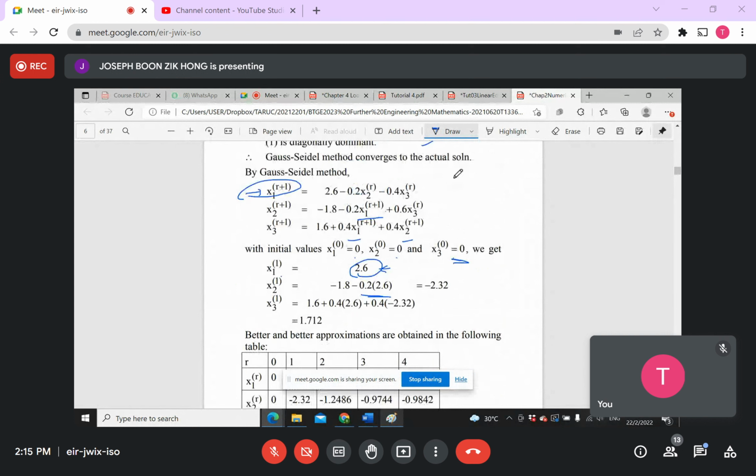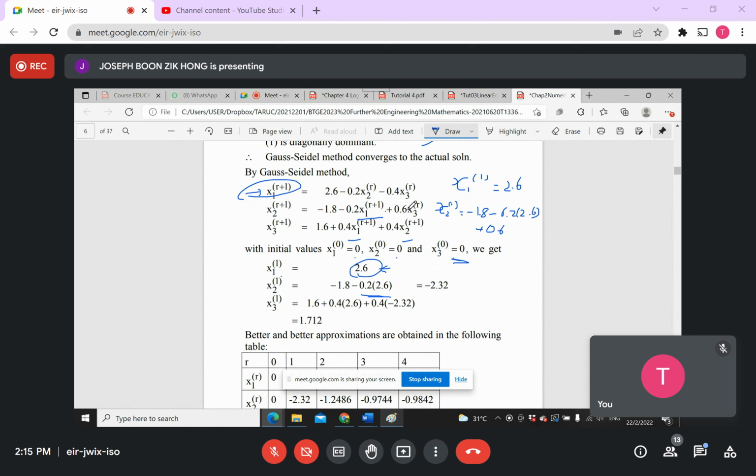Now I know X1,1 is 2.6, that's what I said already. And now I want to calculate X2,1. According to the formula, it should be negative 1.8 minus 0.2 of X1, that means minus 0.2 times 2.6, and then plus 0.6 times X3, because I still don't have X3,1.